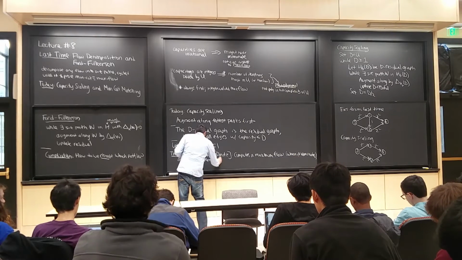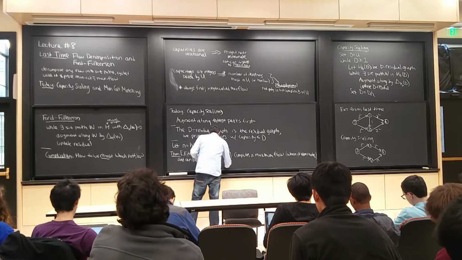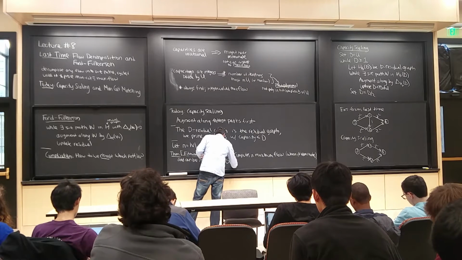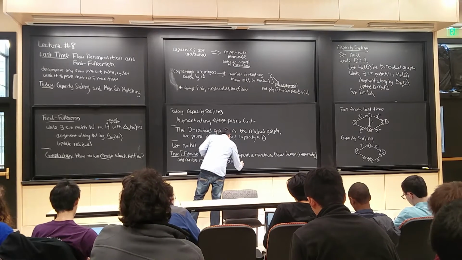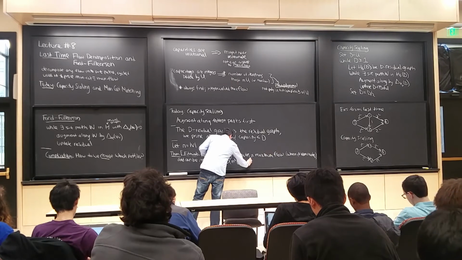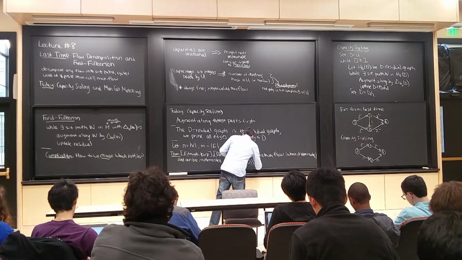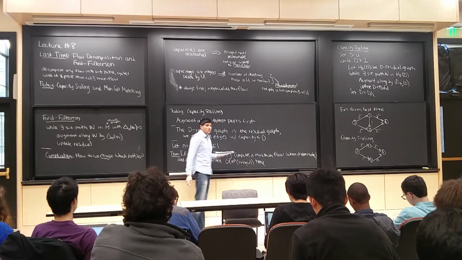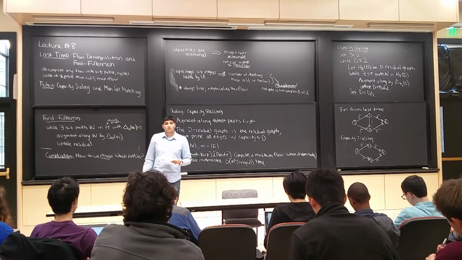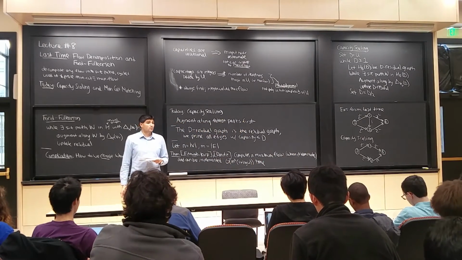And it can be implemented in O of m squared log u time. This really comes from the bounds on the number of iterations. So this is an exponentially better dependence on u, right?